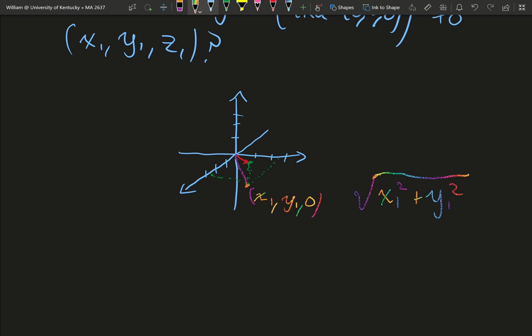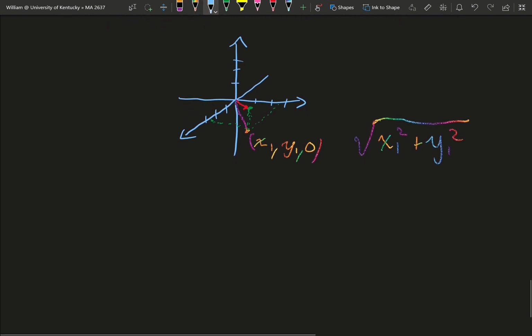Okay, and now what we're going to do is change our perspective. So now let's pretend, this is still our z axis, and we're just looking dead on at the xy plane.